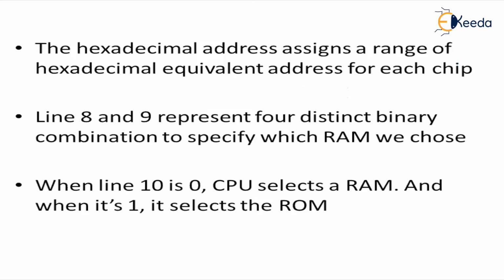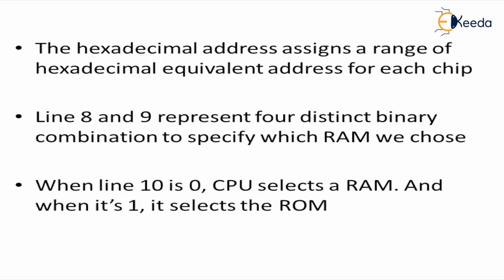Because we need to choose which RAM to use, since some RAMs may be performing other tasks, so we need to classify which RAM is free for the operation we need to perform. When line 10 is 0, the CPU selects a RAM, and when it is 1, it selects a ROM.